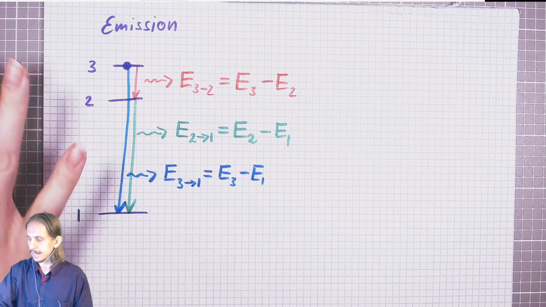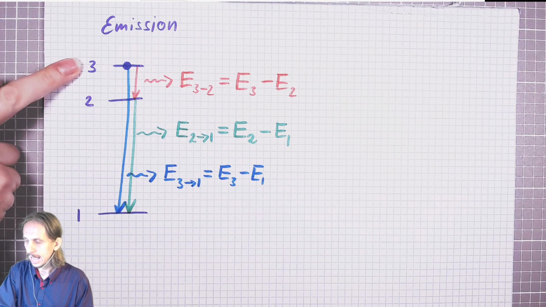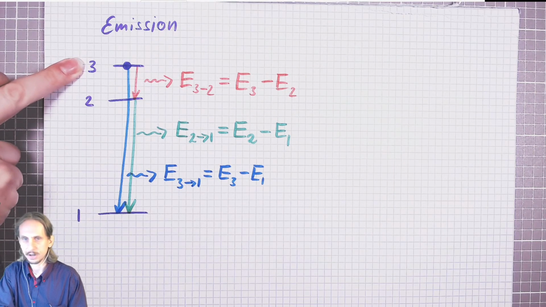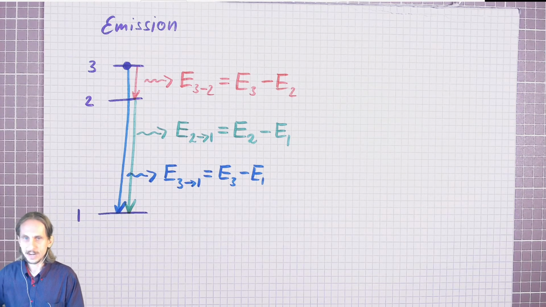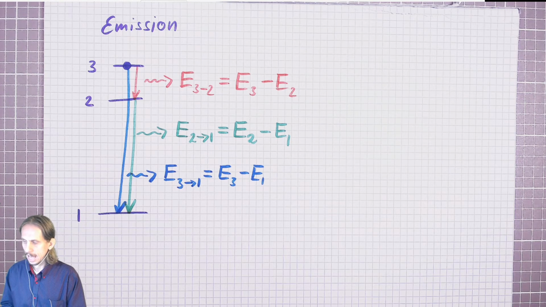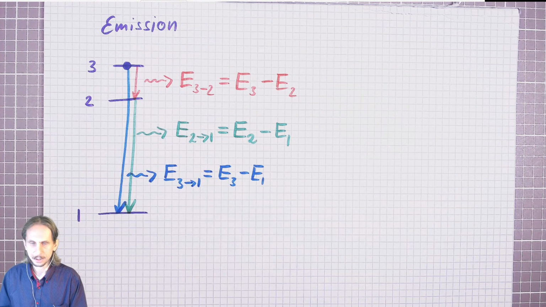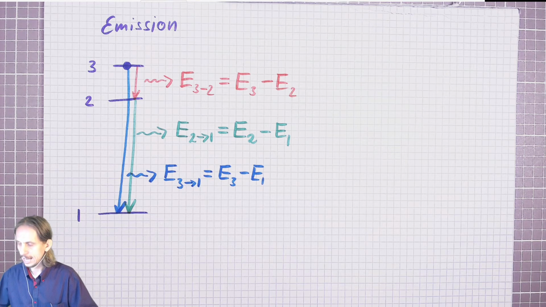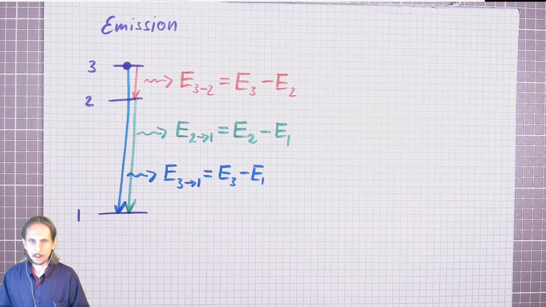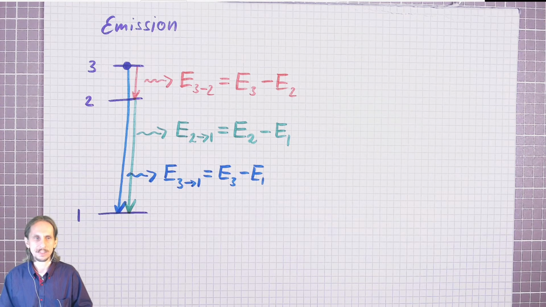So if we have an atom that initially has its electron in the third energy level, then we could get 3 different colors out. And the red and the green light energy would add up exactly to a blue light energy. Now we need a little bit of language here of what these things are.